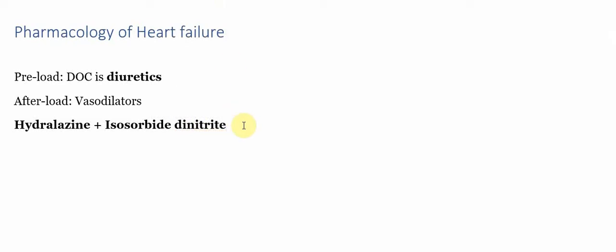Right, so now let's talk about drugs which we can give in order to inhibit a system known as the RAS system, which is the renin-angiotensin-aldosterone system, which detects a fall in BP. The RAS system is actually located in the kidney, again something we've done in second year physiology.